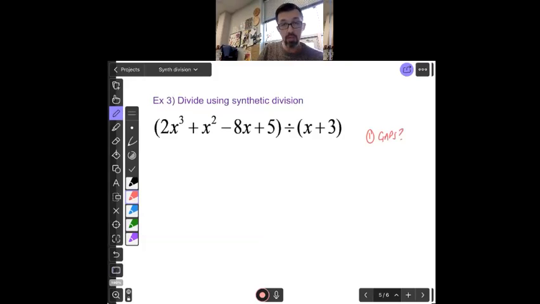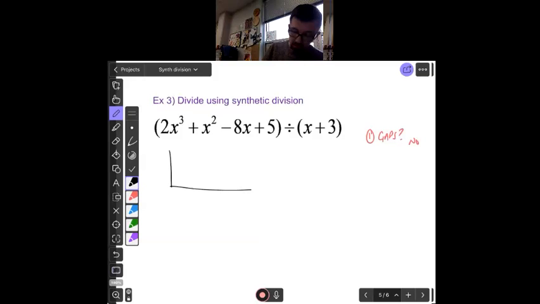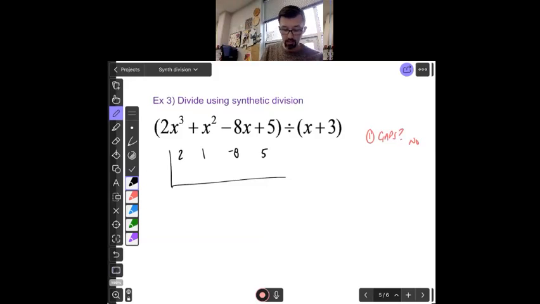So the first thing I want to do is look for gaps. 3, 2, 1, 0. No gaps, so we're good to go there. I'm going to write my half box. Bring down my coefficients. So 2, 1, -8, and 5. There are my coefficients. Second most common mistake, sign switch.